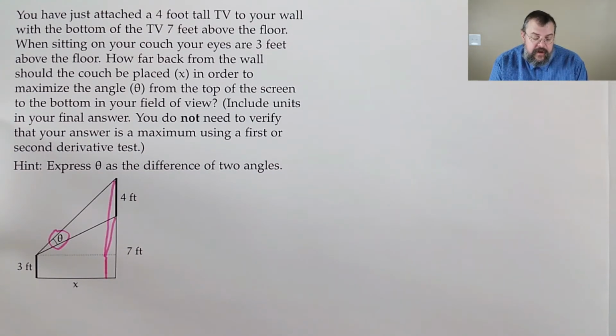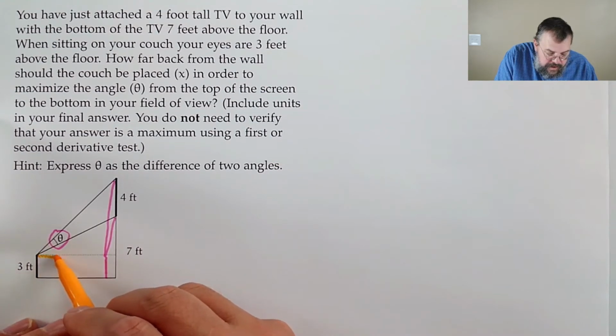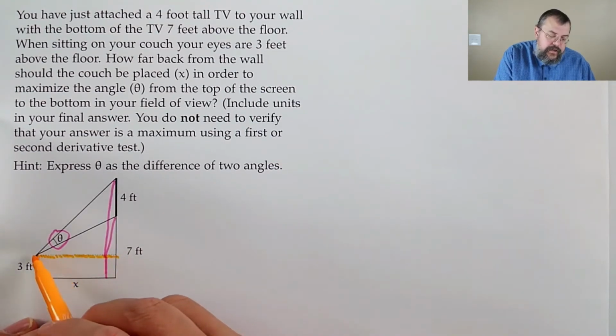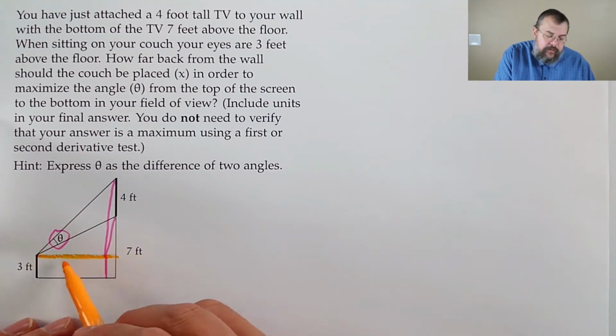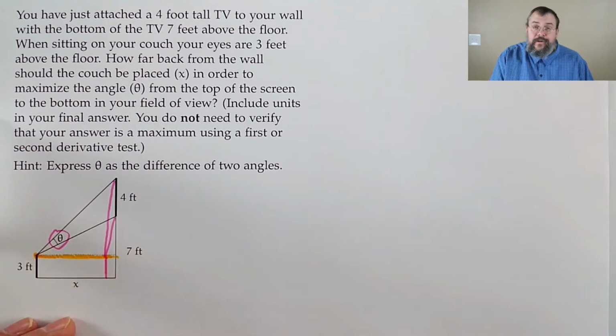Express theta as a difference of two angles. And there's also another hint. And can you see what they did? They put a little bit of dots here. Well, what is that? The dots are a way of saying, don't worry about the 3 feet. Imagine that you are on the ground.